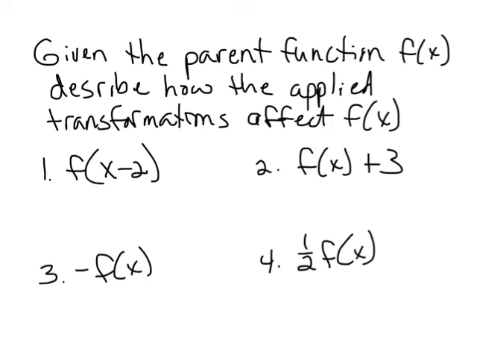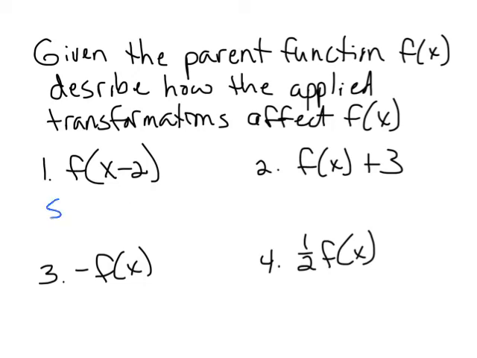So finally, we're just going to describe what's going on with these 4 functions that I have here, and I've only applied a single transformation to each one, and we can do some more complicated examples in class. The first one, I am subtracting 2, or adding a -2, however you want to see that, inside the function.